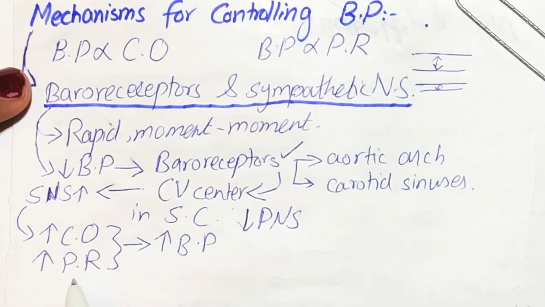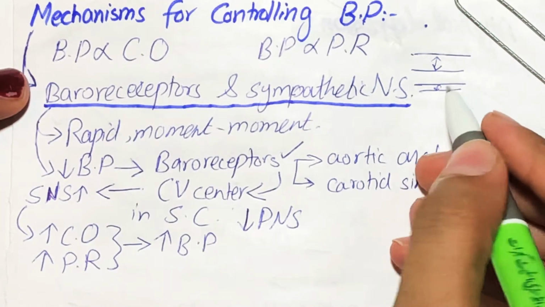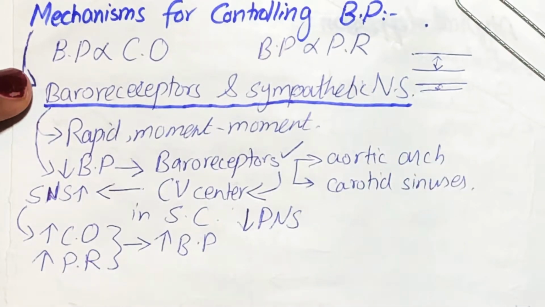So when there is peripheral resistance, what does it mean? Peripheral resistance is actually vasoconstriction, and vasoconstriction causes resistance for the blood to flow, which will ultimately cause an increase in blood pressure.